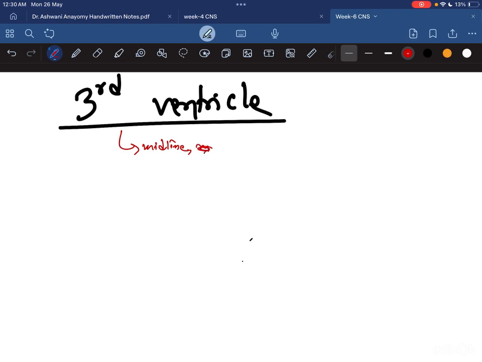It's a narrow, vertical slit in between the two halves of the diencephalon.